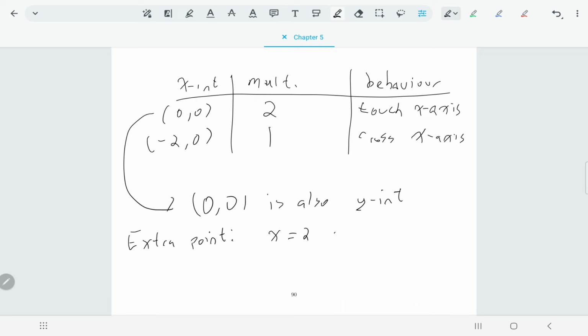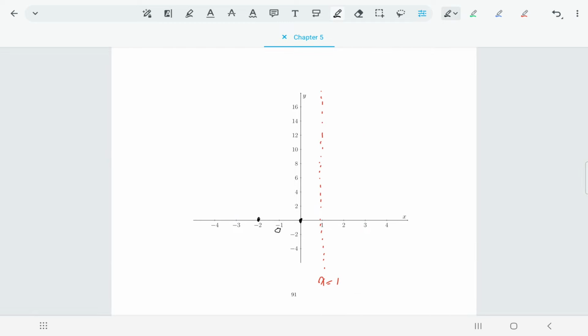Putting in 2 for x tells me that my graph should have the point (2, 16). So that extra point, (2, 16), I'll need to plot on my graph. There we go. And now we're ready to go.